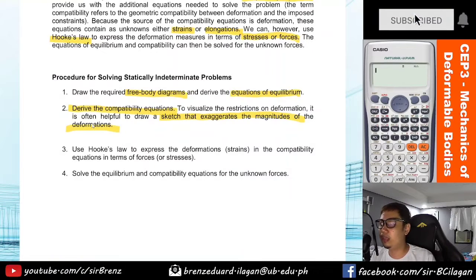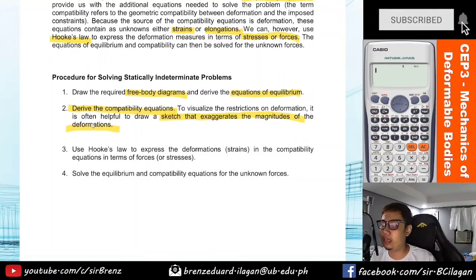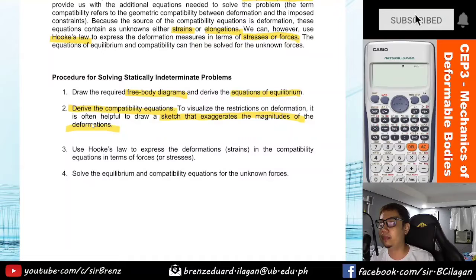Kung i-scale mo yung drawing na yan, sobrang liit niyan. So to help you easily analyze a problem, i-exaggerate mo yung drawing, palakihin mo yung mga deformation para kitang-kita, and then mas madali siyang ma-analyze. Para kapag naglatag ka ng mga angle theta, madali mo makikita kapag malaki yung drawing mo, compared do sa maliit na hindi mo makita ng ayos.